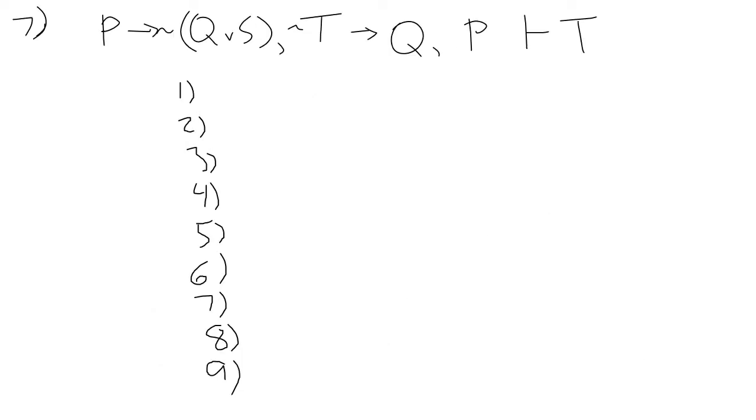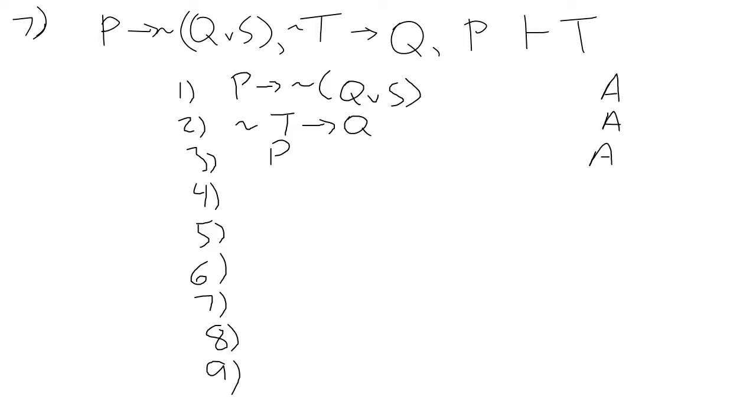Moving on to 7, we have, it looks like 3 premises. And our conclusion is just a single letter. But it doesn't look like we're going to be able to get it out from what we've got, so we might as well look for a contradiction after assuming the opposite of the conclusion. Well, what can we do?